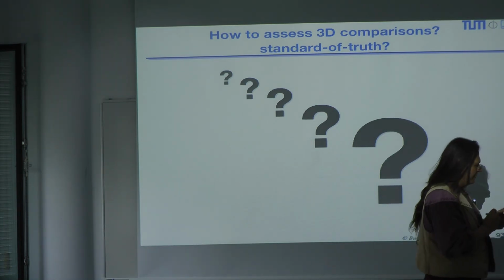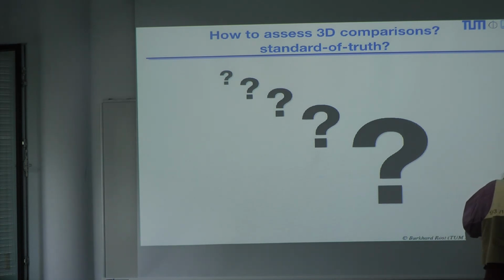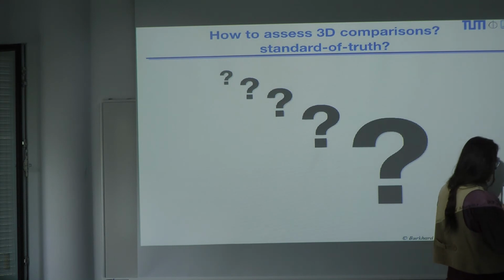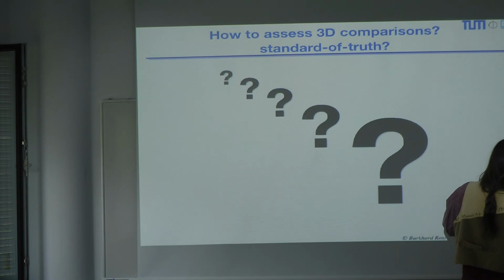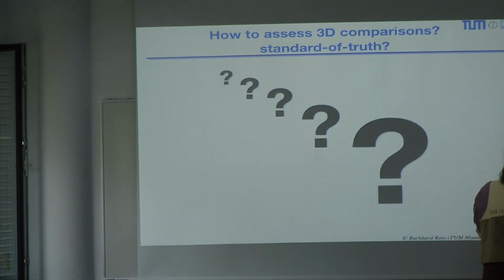Now I have method A and method B. Method A says that the value for all in here is, let me just invent a number, 3, and in the other one is 3.